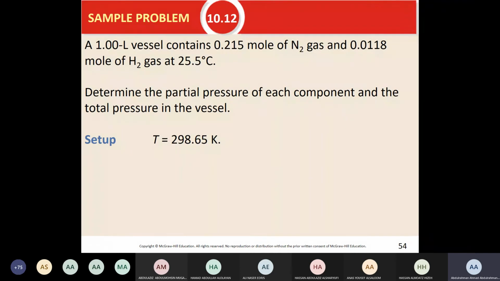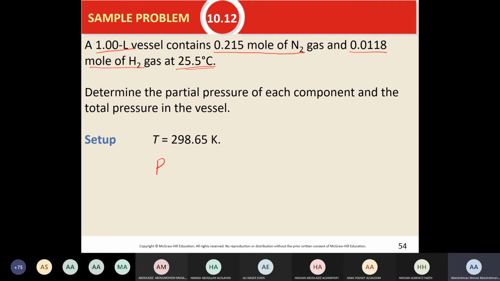Okay. A 1 liter vessel, so the volume is changed, contains 0.215 mole N2 and 0.0118 mole H2 gas at 25 degrees C. Determine the partial pressure of N2.